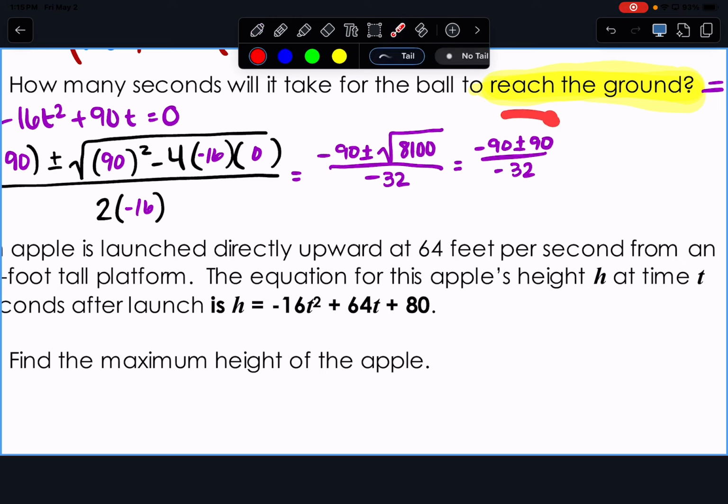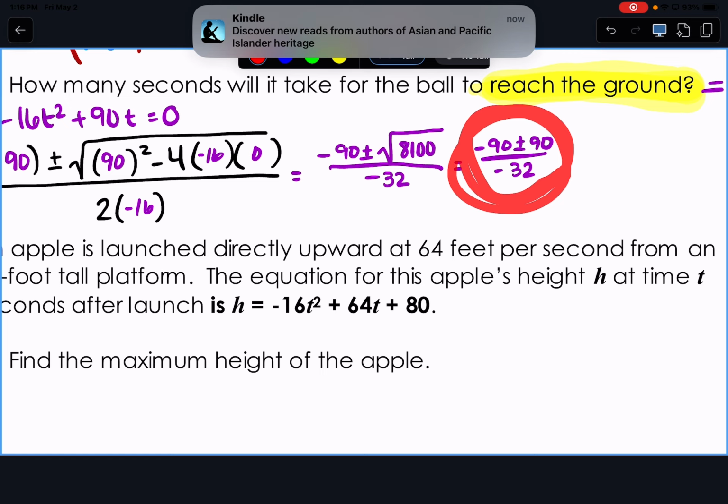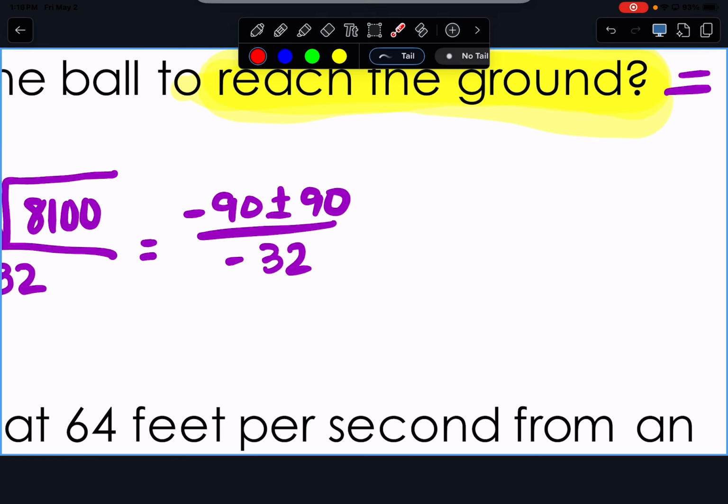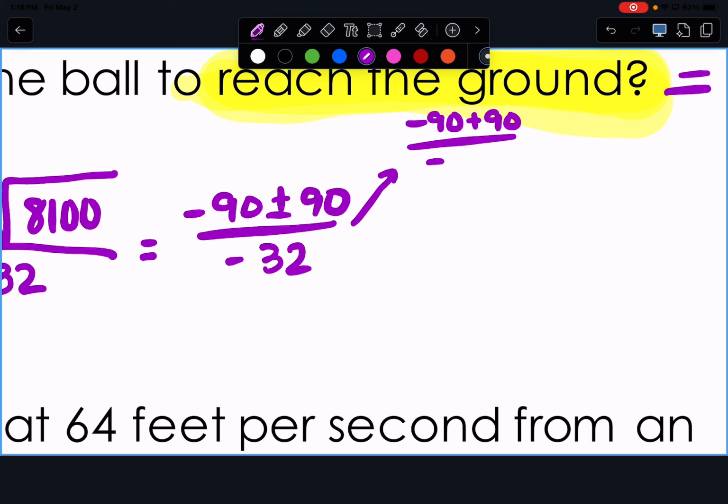So at this point, every number we have in there is a real number, right? So we're going to have to figure out both cases. So we do negative 90 plus 90, 0, divided by negative 32. So we get 0, which makes sense. That's when they first kick the ball.